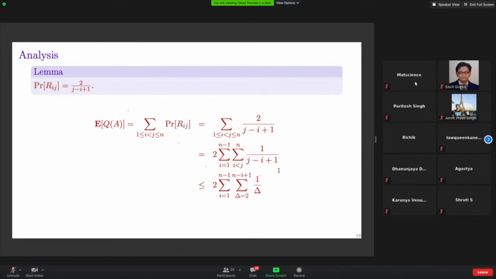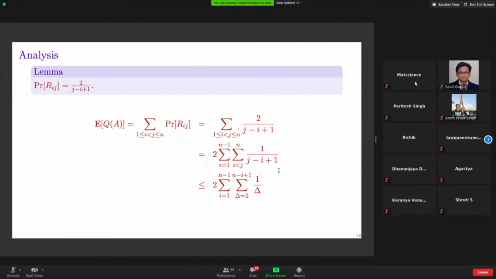I'm not talking about the geometric series. It is 1 plus 1 by 2 plus 1 by 3 plus 1 by 4 plus 1 by, okay. Yeah, that is log n.